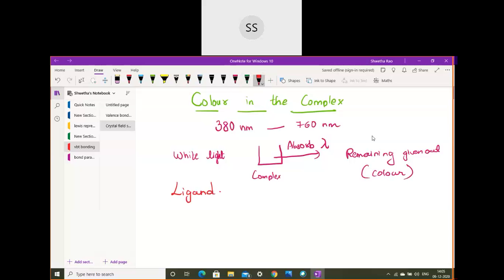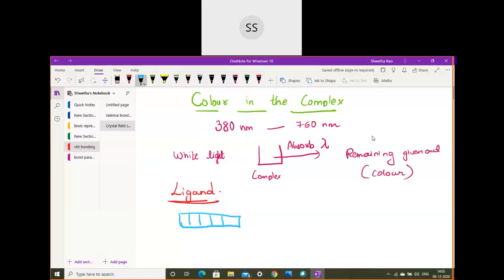The main reason for the complex to exhibit color is the ligand. Initially, the metal d orbitals are degenerate, having the same energy, but when the ligand approaches the metal, the d orbitals undergo splitting.